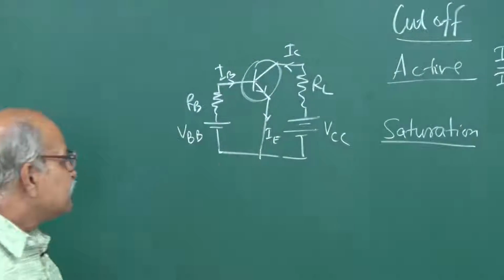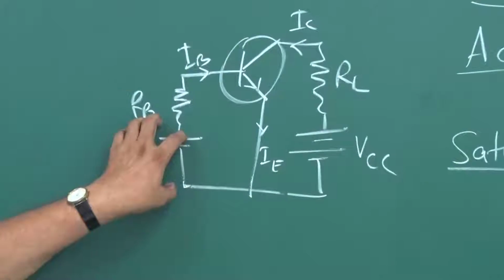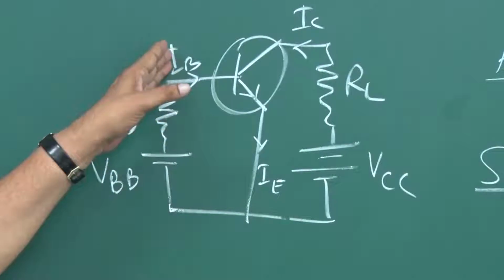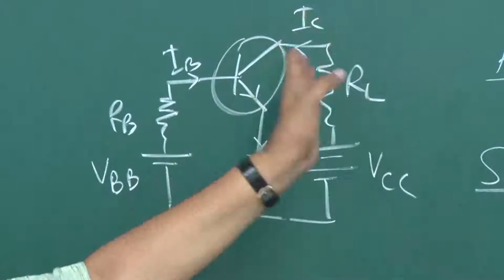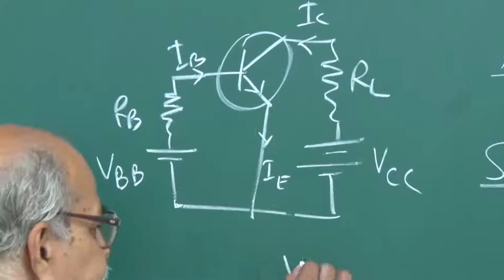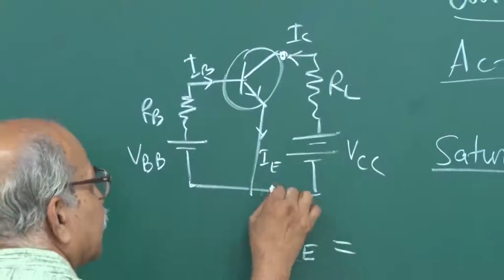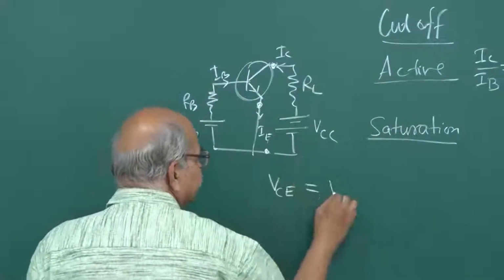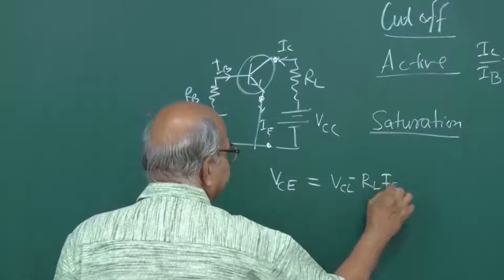So, to start with, suppose we have our biasing battery low, so that this IB is low and this is reverse bias, and IB is low, then correspondingly IC will be beta times IB, but that is also low. So, what is VCE? VCE is between this point and this point. So, VCE is VCC minus RL times IC.